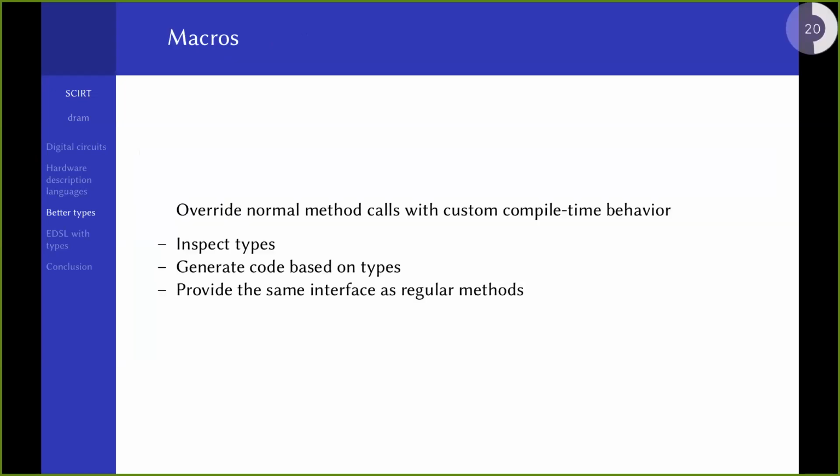We can inspect types. We can generate code based on what types are being passed around, and they will provide the same interface as regular methods. So if we do the error handling correctly, and we mask out the Scala compiler internals, it will look pretty much the same as a regular method, but it's maybe just neater, or has better error messages, or just does something methods just can't do.